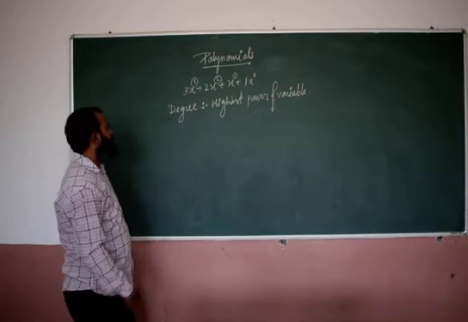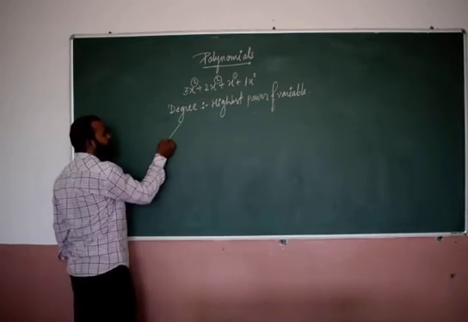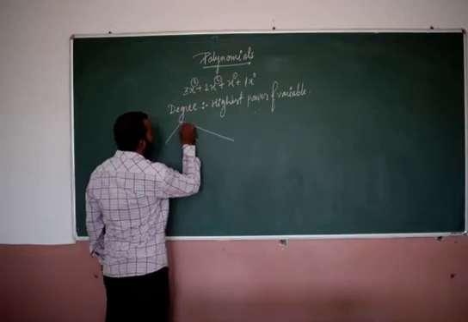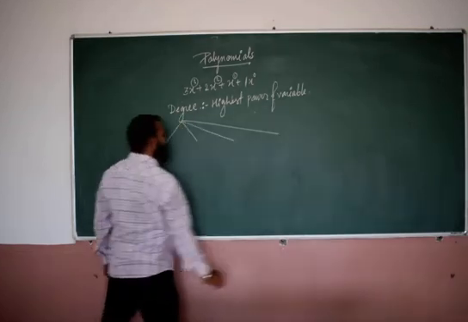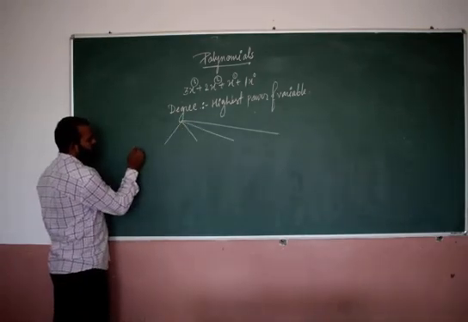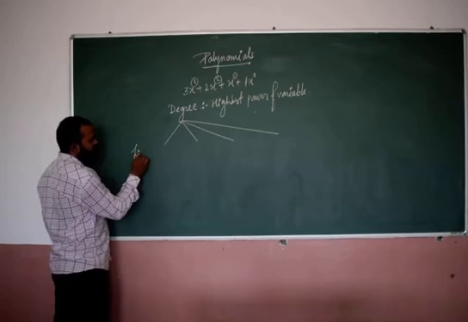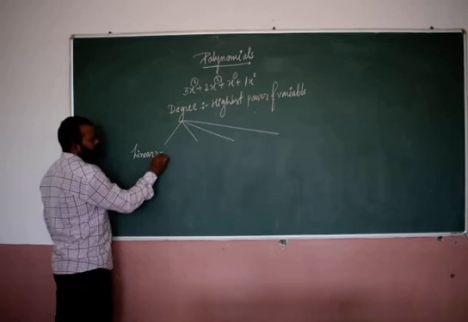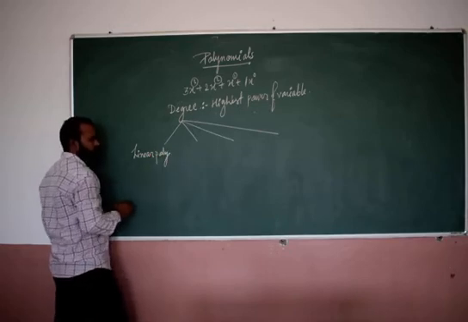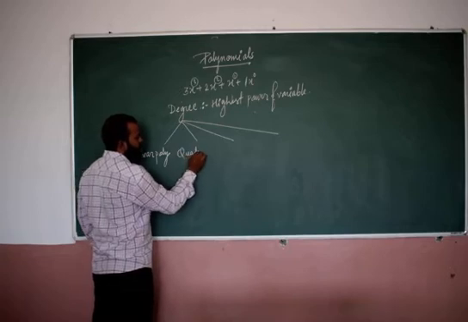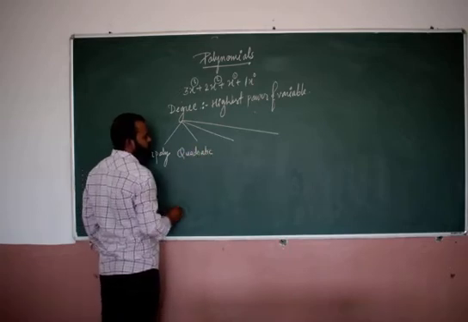Now, on the basis of the degree of the polynomial, polynomials have been divided into many groups. First is the linear polynomial. The second one is the quadratic polynomial.